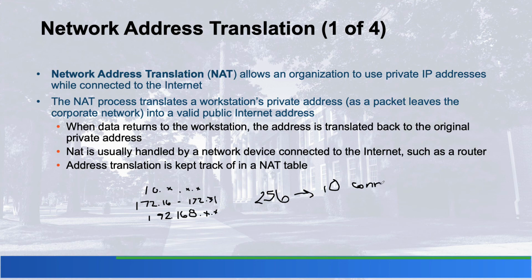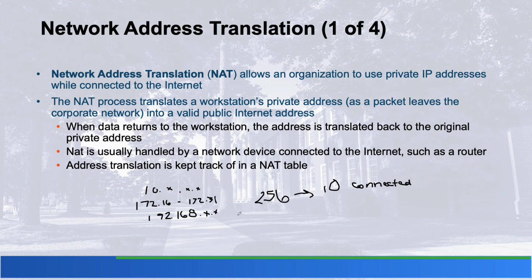NAT gives us a mechanism so that we can share IP addresses. So we have 256 computers, but we have 10 IP addresses that's given to us by Suddenlink.